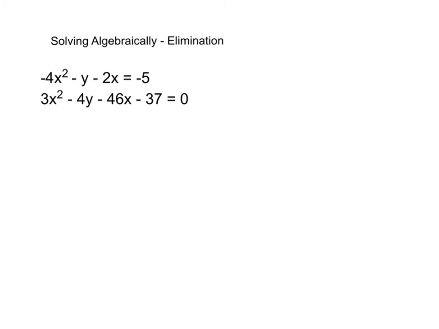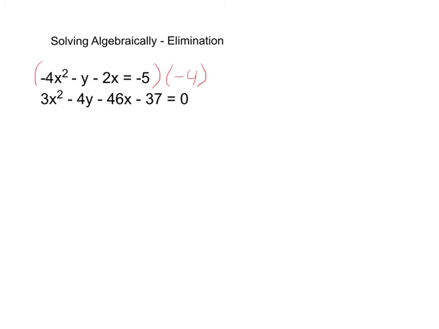If you eliminate the x's, you still have x squareds and y's. But if you eliminate the y's, then you're going to be left with x's and x squareds, which is just a quadratic equation that you should be able to solve. So I think if I multiply this first equation by -4, does that seem to make sense to you? Then we should be able to do that.